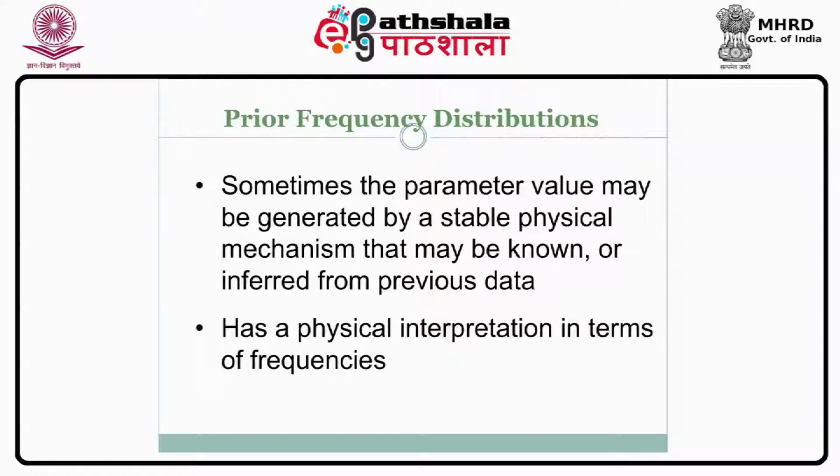We will explain it later on through some examples. In many situations, that has a physical interpretation in terms of frequencies. So the priors are obtained in terms of the frequencies, and you look at the histogram of the prior, it looks like the behavior of the distribution is something like normal or gamma or some other standard distributions of interest.